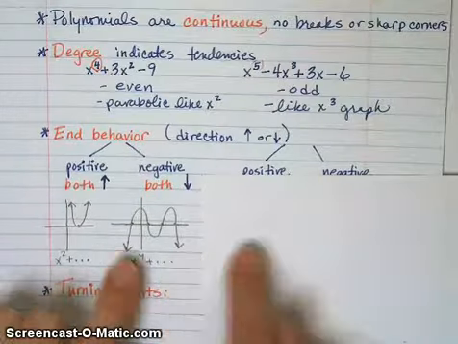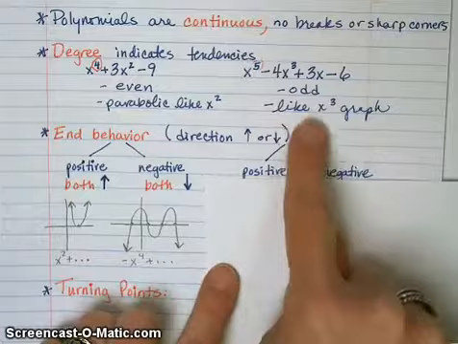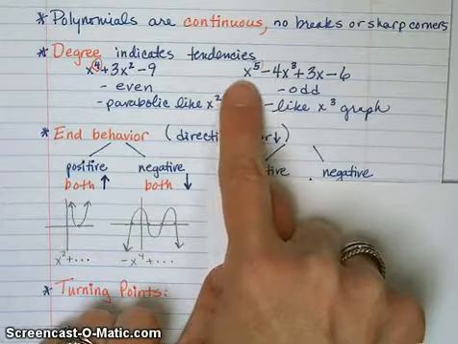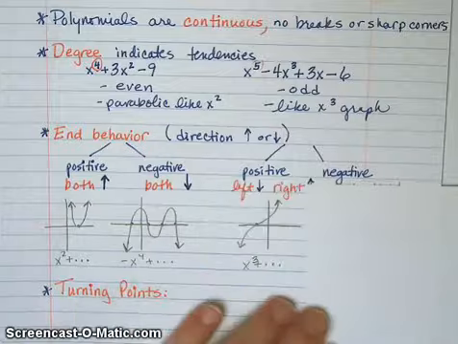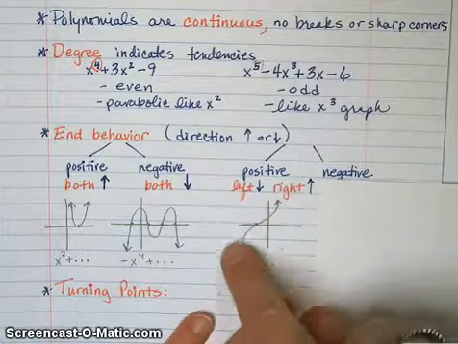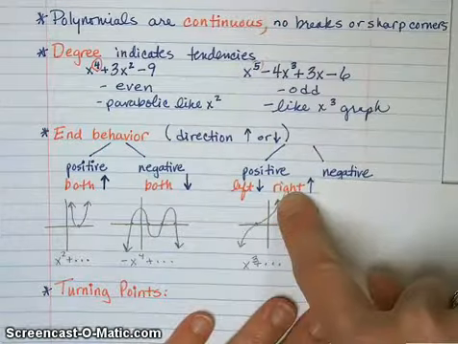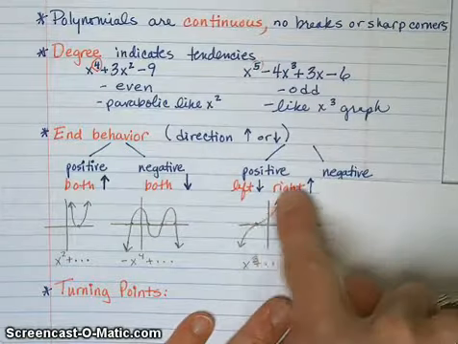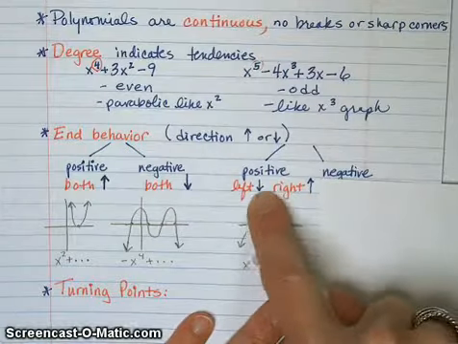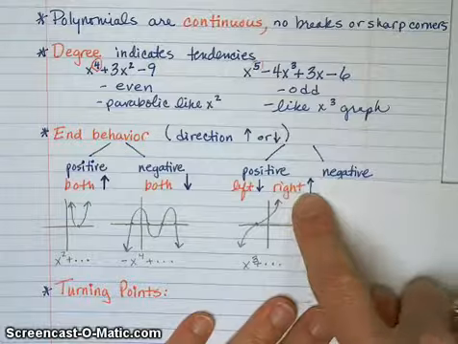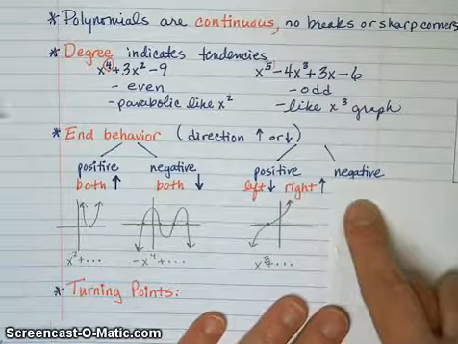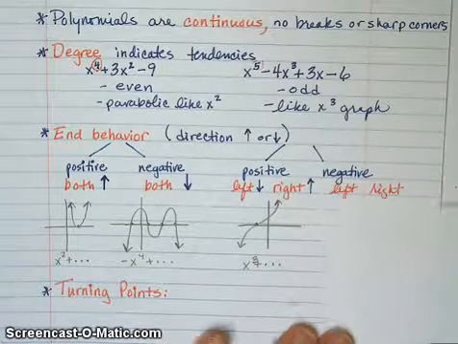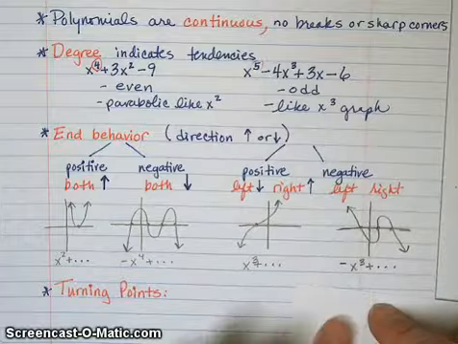All right, we talked about if it's odd. We said that that was snake-like. So if it's a positive x to the fifth, the positive odd degree means it's the snake where it's starting low and it ends high. Starts left down, right up. So if it's negative, it's going to be the opposite of that, right? It's going to start high and it's going to end low. Now I drew one that could have been negative x to the third.